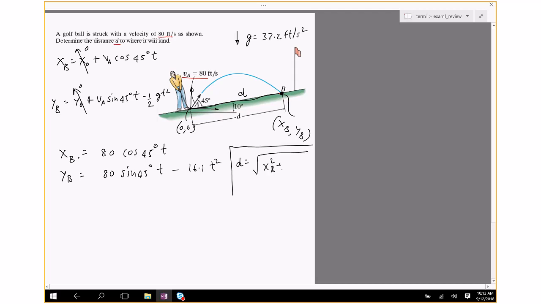Yeah, you could write it that way, or xb equals d cosine 10, right? And yb equals d sine 10.